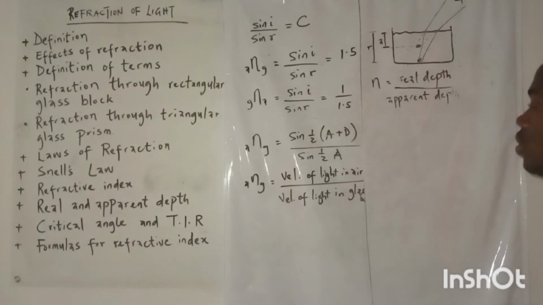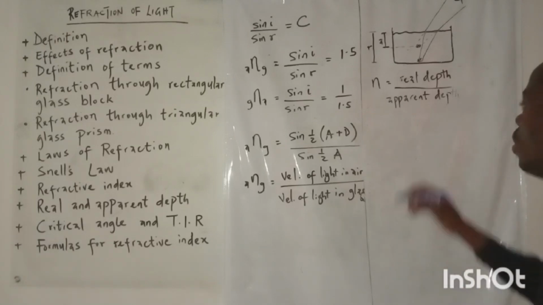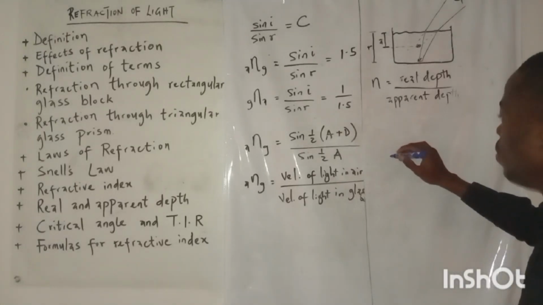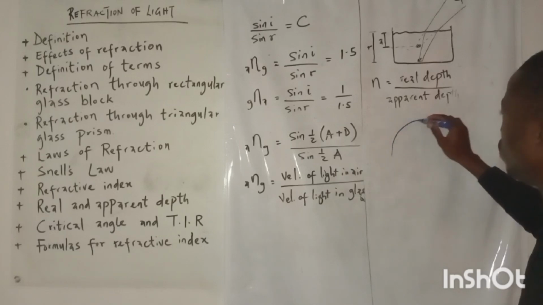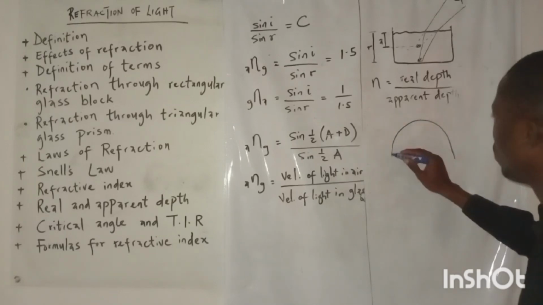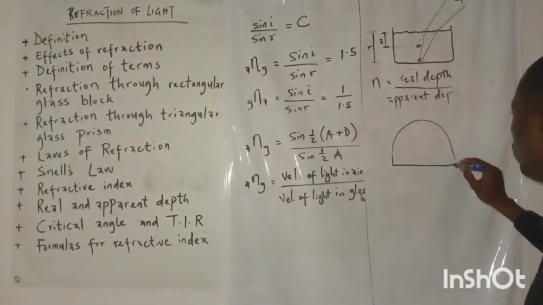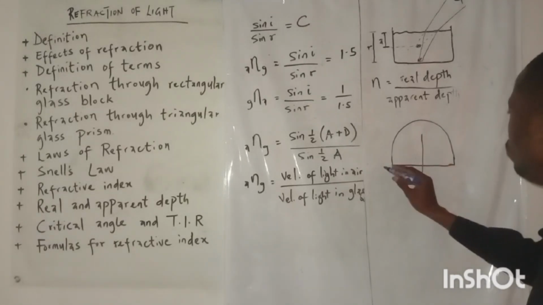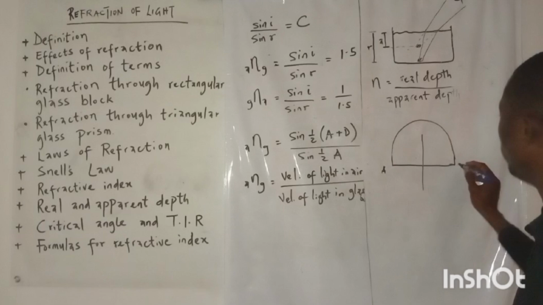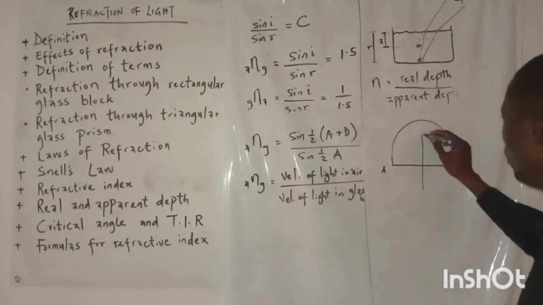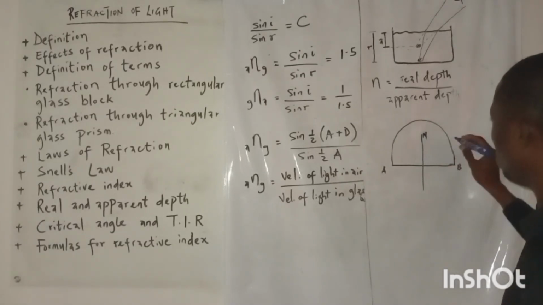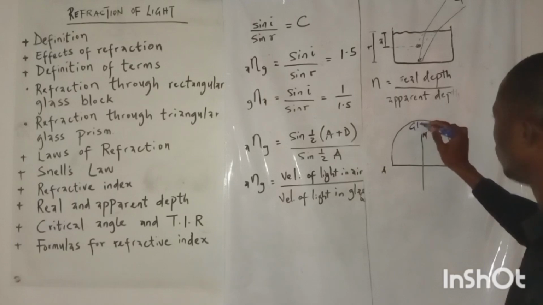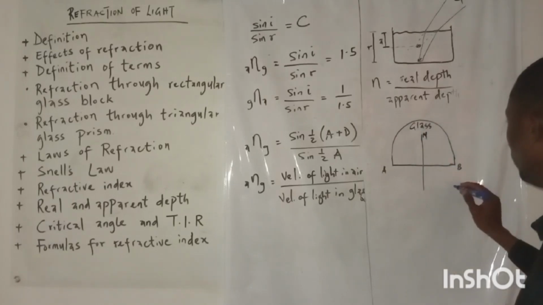And then we go to critical angle. Now, let's assume that we have a semicircular glass block. This is our semicircular glass block, and this is our normal. This is the midpoint between, let's say, A and B, and this is our normal. This is glass, the semicircular glass block, and this is air.